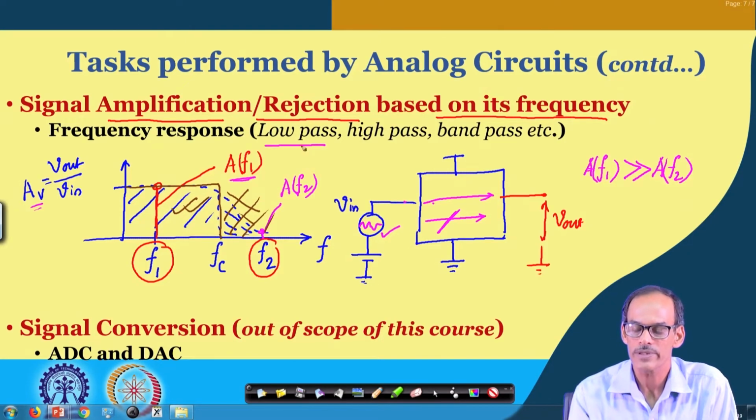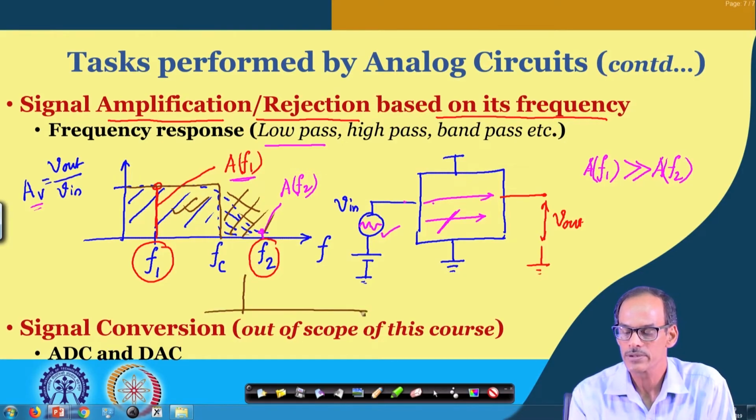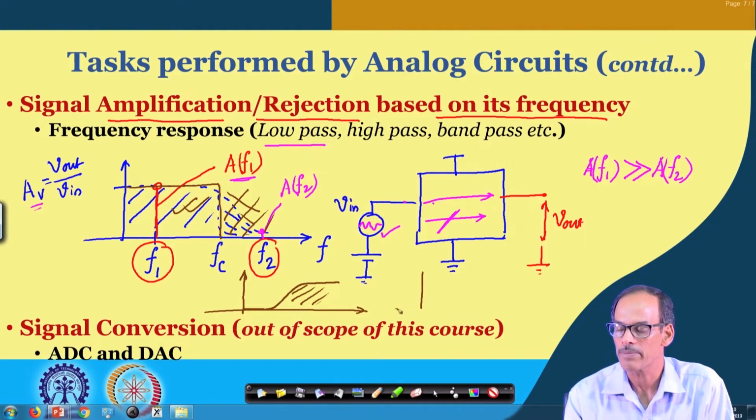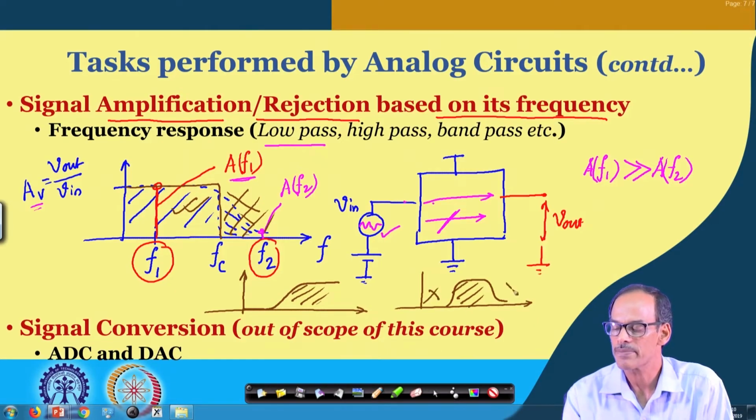And of course, based on the application, the requirement need not always be low pass, it may be high pass in nature, and for high pass characteristic, as you may guess, in the low frequency region it may attenuate the signals, and in the high frequency region it may appreciate the signal. Or it may be band pass, which means that over a certain frequency band it may allow the signal, while it rejects this part and this part.